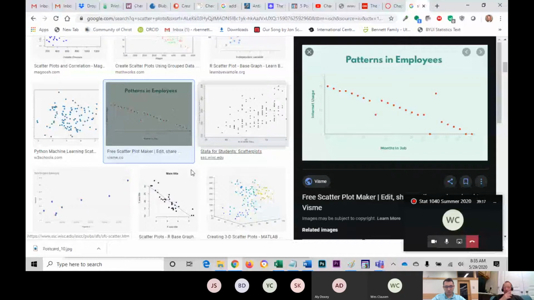Let me see if I can find one. Okay, here's one. This one's kind of interesting. This one has green dots on it. Do you see this one kind of has a curve to it? You could almost say this one's an S curve.